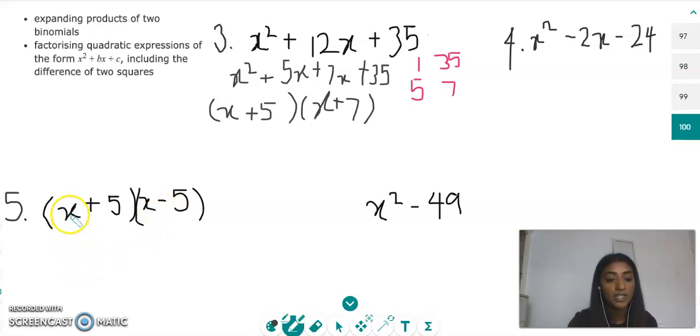So if we expand it out, we do x times x, which is x squared. And then we can do x times minus 5, so that's minus 5x. And then plus 5 times x, so that's plus 5x.